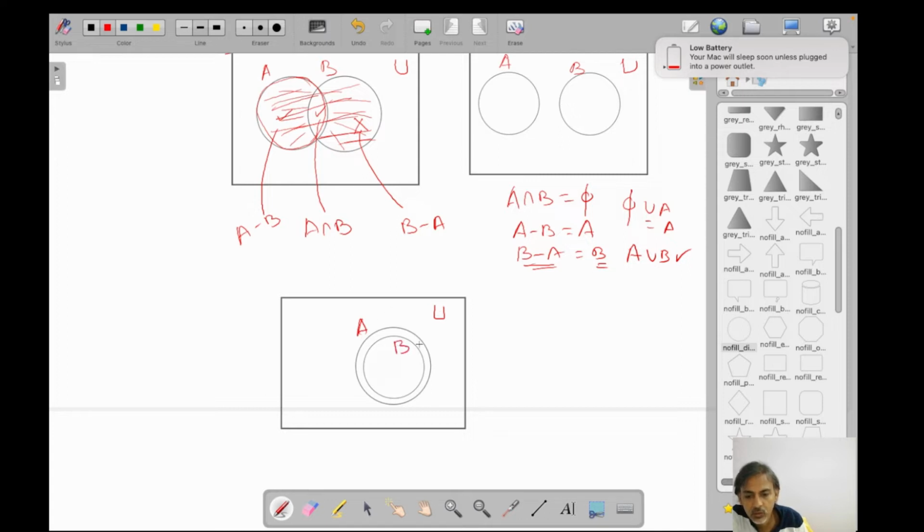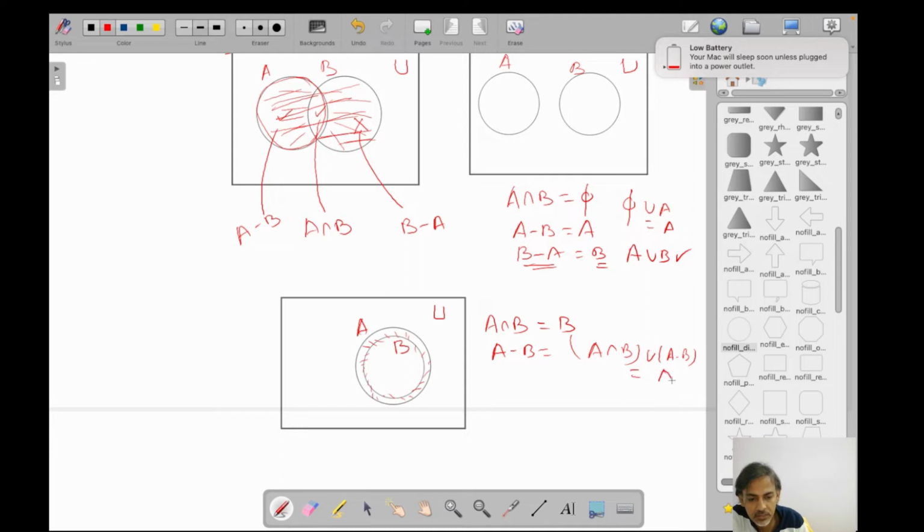When I look at A intersection B, whatever is available in A and B both, it's nothing but the smaller set itself. And when I look at the difference, whatever is available in the larger set but not in the smaller one, it is nothing but this ring part. When I do a union of it with the smaller set, I get the larger set itself. So in this case also, A intersection B union A minus B will be nothing but A itself.